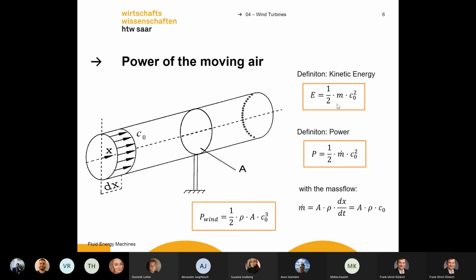And of course, these formulas are all really important for your formula sheet. Yeah, here the mass flow, it's area times density times velocity of the wind. So you can't get more power from the wind than this because there's no more energy inside this wind volume.